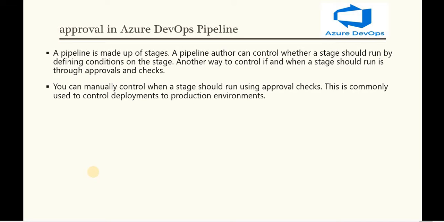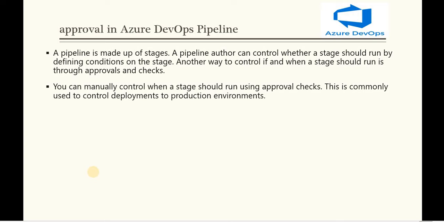What is the meaning of that? Suppose I am the person who manages the deployment, and I need permission from the top management or some other person, then we can put those kinds of validations in our pipeline.